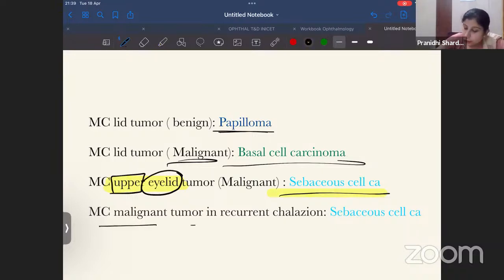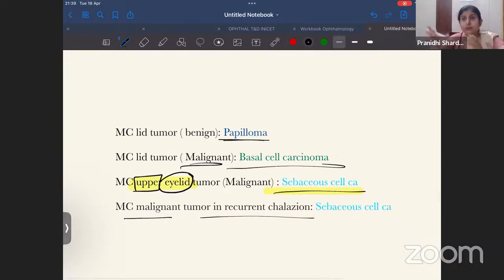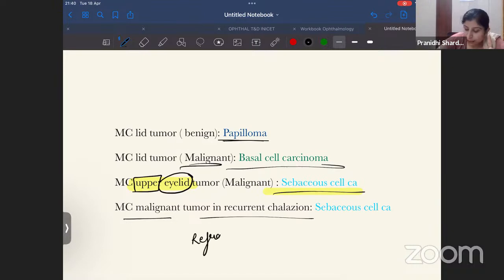Most common malignant tumor in recurrent chalazion. We always discuss this in the history also. Even if you are given a question of a patient suffering from recurrent chalazion, what can we suspect? If it is a child, we can suspect refractive error, because of the constant rubbing of the eyelid.